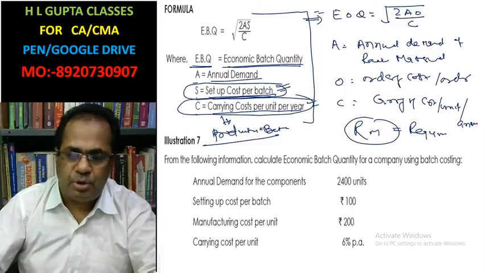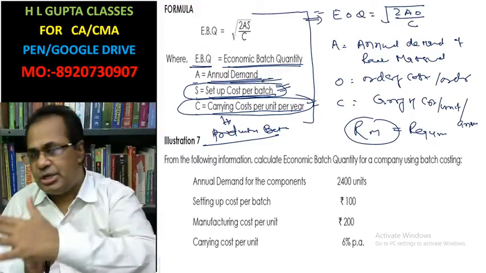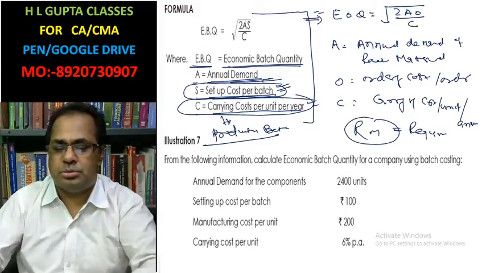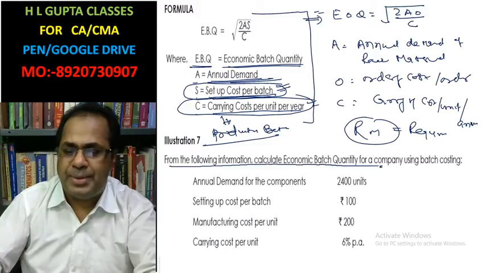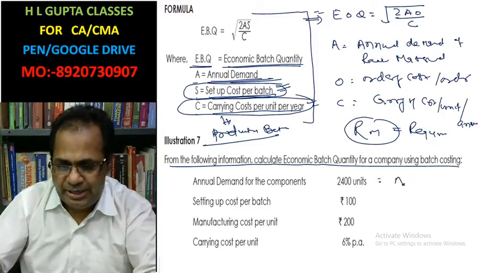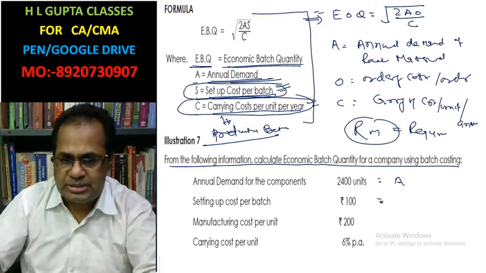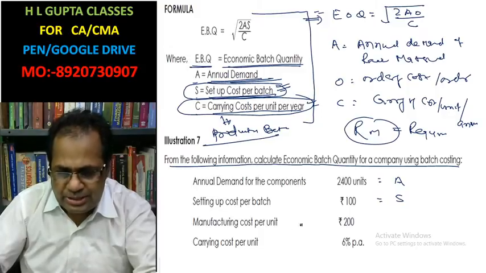Let us go to these questions. This is the annual production of any product. From the following information, calculate the economic batch quantity using this. In this case, this is your A, setup cost, this is your S, and the manufacturing cost per unit is given here.